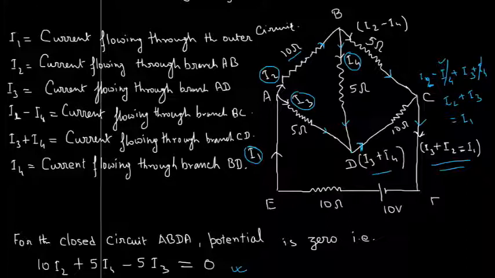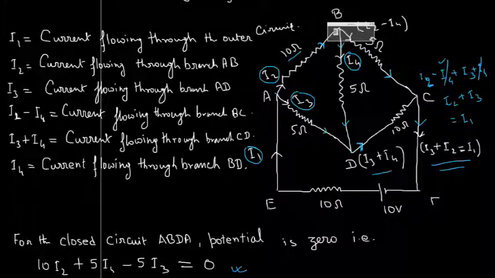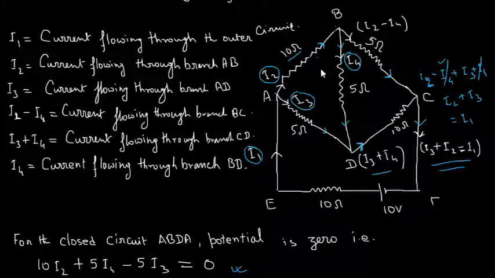Now 10 I2 is the potential difference from A to B. Now what is the potential between B and D?